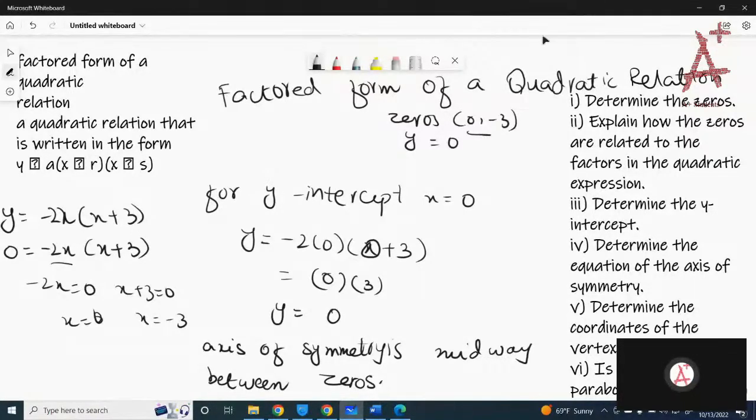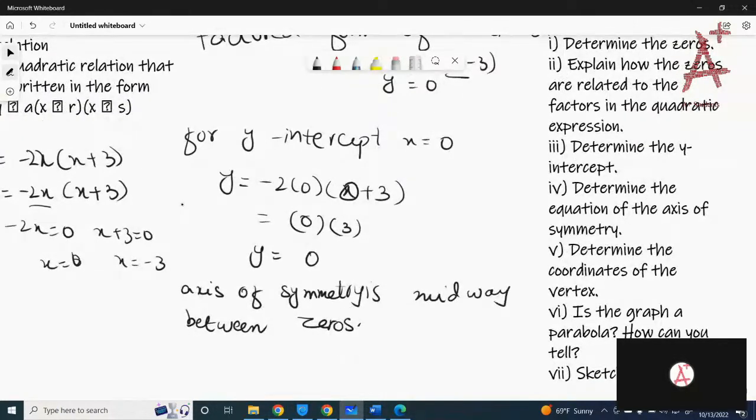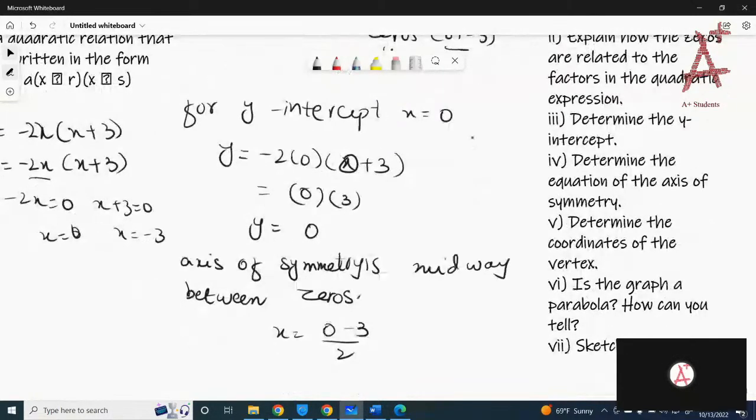We have already calculated the zeros: 0 and -3. So just calculate the midway between them. Midway between them means add them and divide by 2. So it would be x equals (0 minus 3) over 2, because one of them is 0 and one of them is -3. So minus 3 over 2 is -1.5. So the equation for the axis of symmetry is x equals -1.5. Got it?